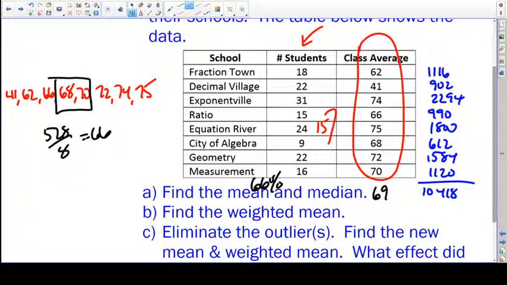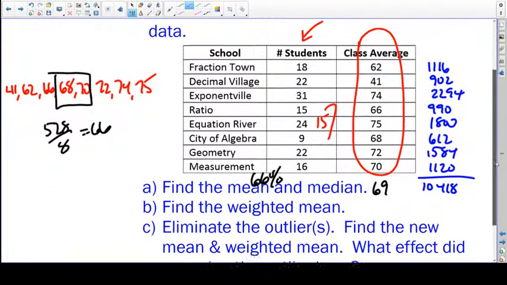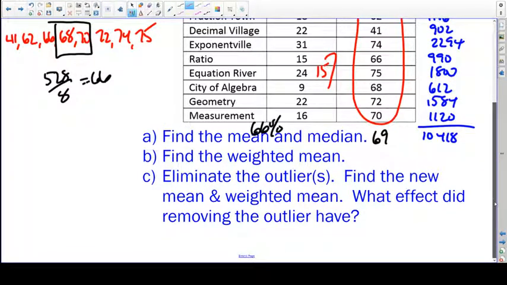So we're going to divide 10,418 by 157, and we get a weighted mean of also 66%. So I'm going to put 66.4%.